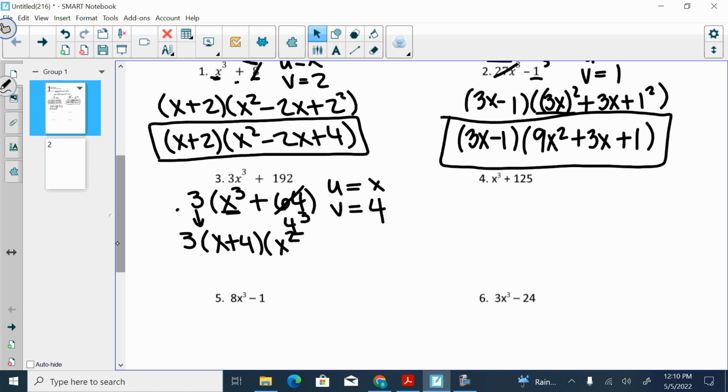Then it says we should have a minus u times v. Well, what is u times v for us? 4x. Very good. And then it says we should have plus v squared. What's v squared for us? 4 squared. And what is 4 squared? 16. Very good.